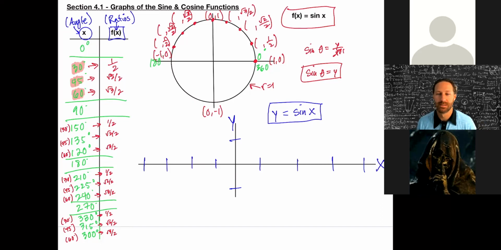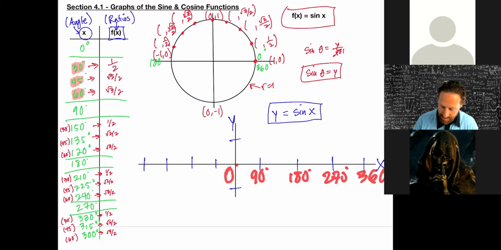It's radians. So instead of doing 0 degrees, 90 degrees, 180, 270, and 360 for our 1, 2, 3, 4 quadrants, we're going to keep it real. And we're going to use radians to do that.